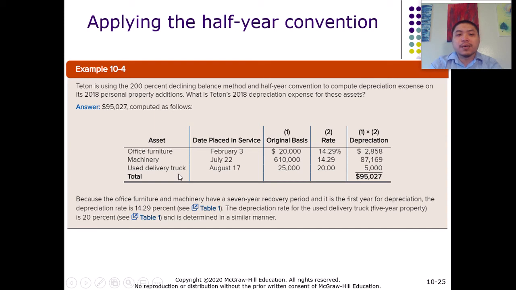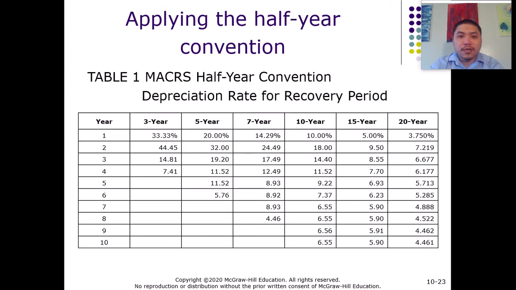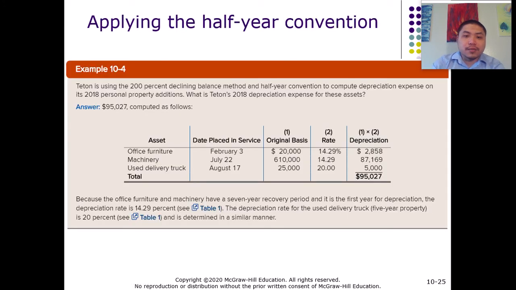And then for the delivery truck, because the recovery period is 5 years, we look at the table again, 5-year recovery period, first year, and the percentage is 20%. So we take the original basis of $25,000 multiplied by 20%, and that gives us the depreciation. So that's how you calculate the depreciation expense. And what we talk about next is the half-year convention.